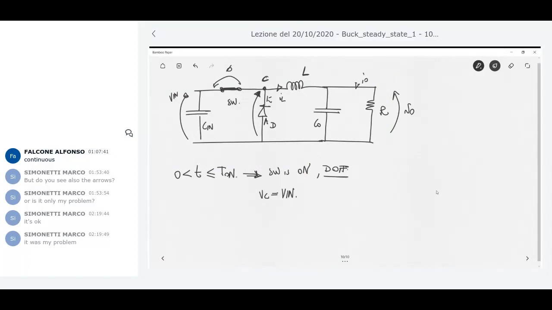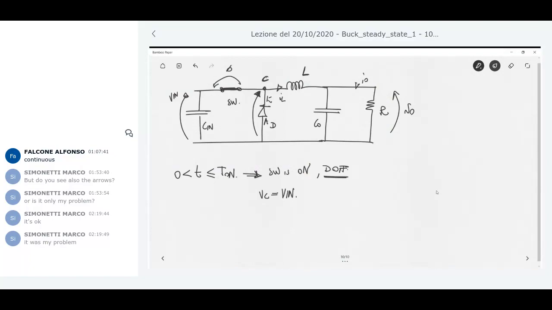As I said before, the switch can be commanded by the unitary switching function, so there is a gate driver commanding the switch on and off. The diode status depends on the voltages and currents in the circuit. In that situation, the voltage across the diode reverse biases the diode.